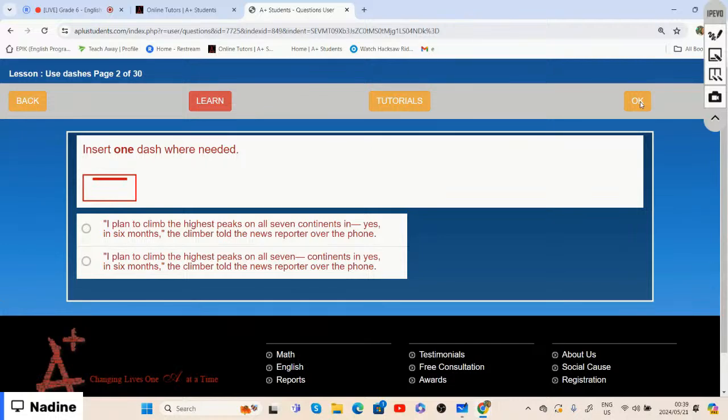Or is it the second option, which says, I plan to climb the highest peaks on all 7 continents in, yes, in 6 months? The climber told the reporter over the phone. Option one or option two? Which one is correct, where the dash is correctly added?